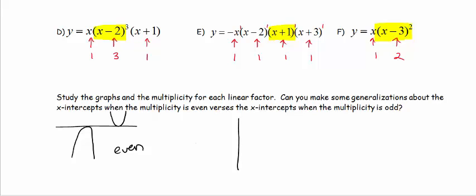However, if you have odd multiplicity, the graph is going to go straight through the x-axis. So here, where we have this minus x, and this x minus 2, and x plus 1, and x plus 3, the graph is going to go through at 4 different points. But over here on f, it's going to go through at x equals 0, but it's going to bounce at x equals -3.